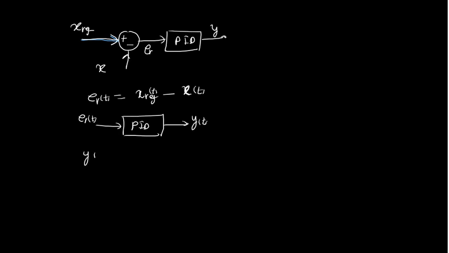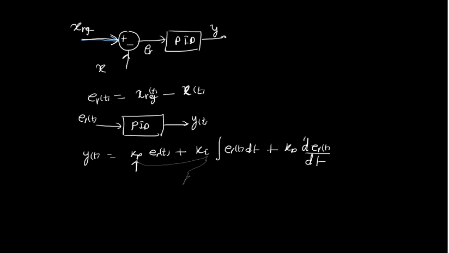So y(t) is given by KP times e(t), plus the integral constant KI times the integral of e(t) dt, plus KD times de(t)/dt. This is a PID controller. You don't know what these values KP, KI and KD are, so you need to find out how to do it.